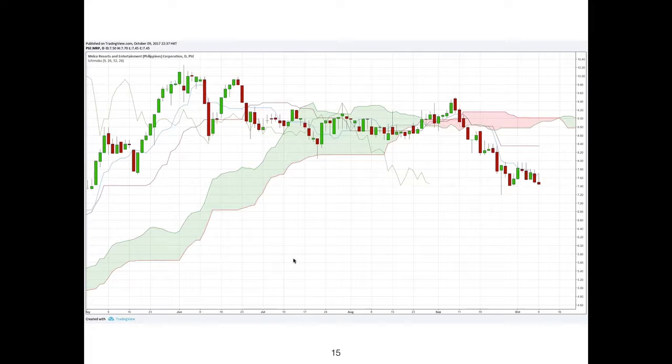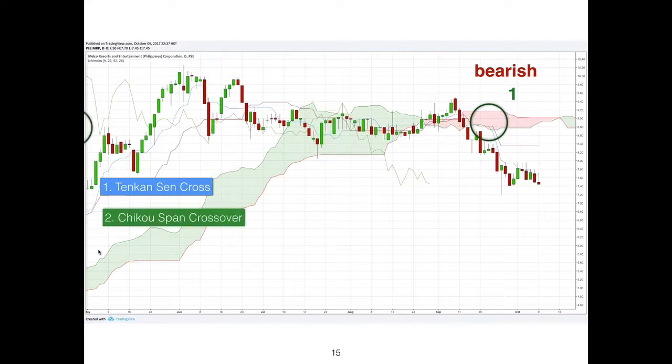The next chart is the chart for MRP. The Ichimoku elements all made bearish crossovers. First, you have the Tenkan-sen bearish crossover. This chart shows that the Tenkan-sen crossed below the Kijun-sen line. Then there's the Chikou span crossover below the price bars.